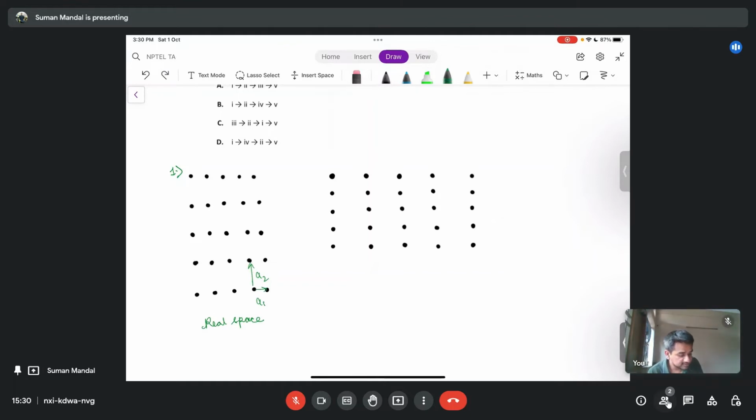So now the length in the reciprocal space along the B1 axis is larger than along the B2 axis. So B1 and B2 are reciprocal space lattice vectors, unit vectors. This is the reciprocal space. This is the second step.